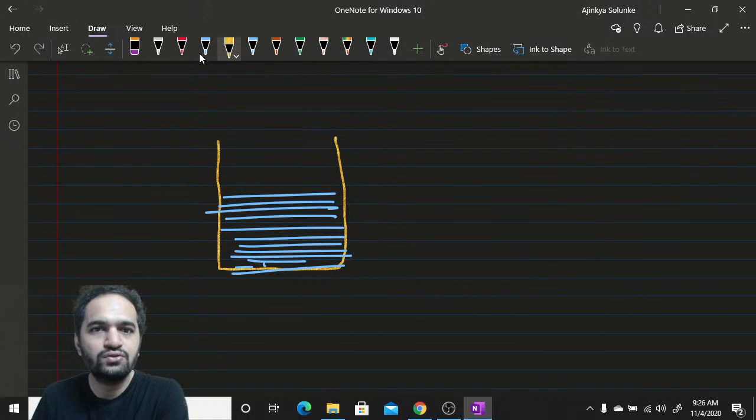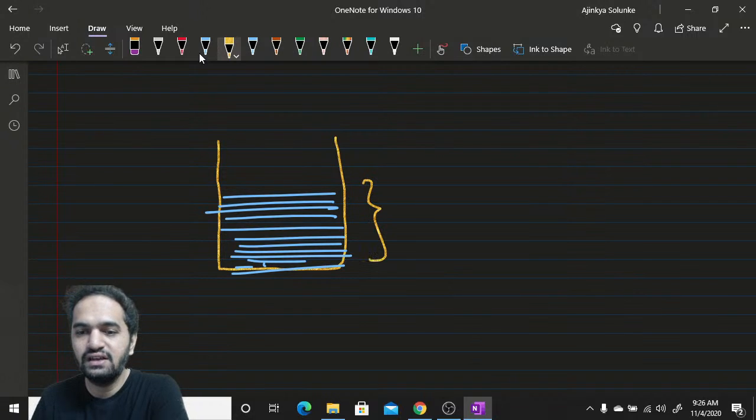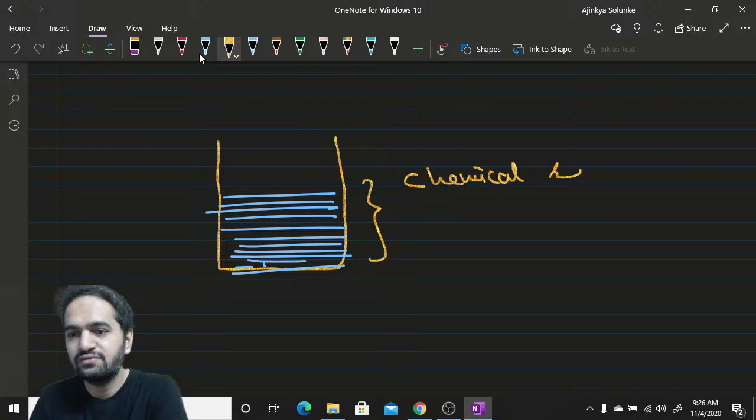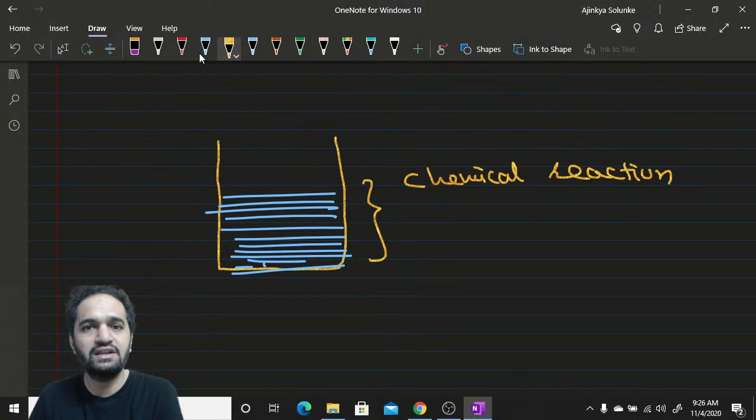Electricity is going to flow through it. Chemical reactions are going to take place in this. So we can say it is undergoing a chemical reaction because of the energy we supplied. We supplied some energy, electricity, and hence it can be said to be chemical effects of electric current. Okay, so this is the first point.